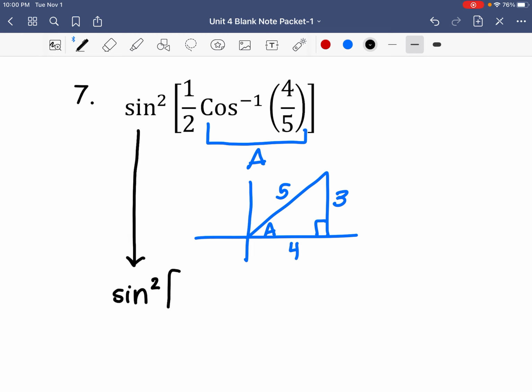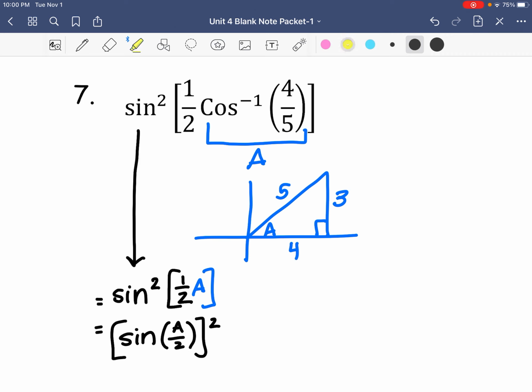We have sine squared. We still have 1/2. And all that other stuff is going to turn into A. This looks kind of funny, but really this is the same thing as the sine of A over 2 and the whole thing squared.